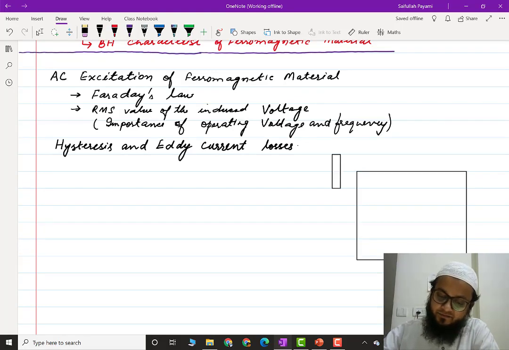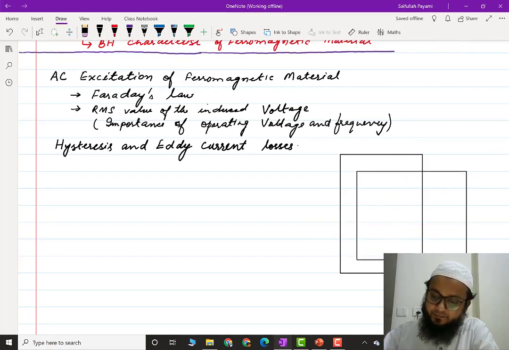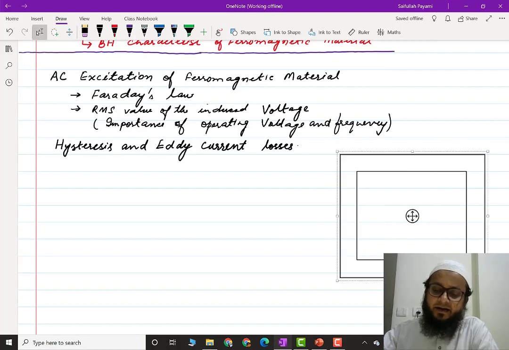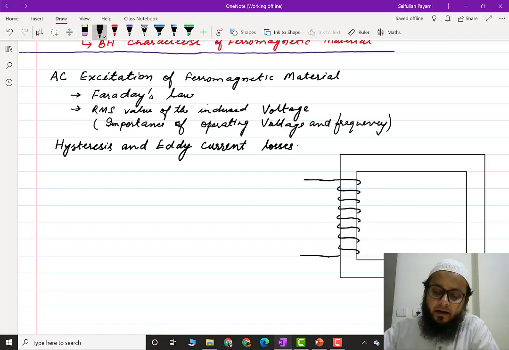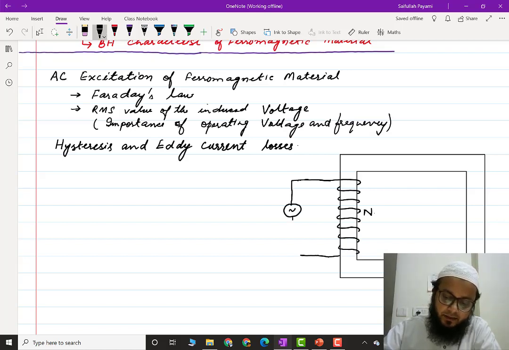Generally we have seen this kind of magnetic circuit, but it is actually the base for many magnetic circuits in electrical circuits. So we'll take this up as an example. Let's say here we have a coil wound over it, and N number of turns are there, and let's say this coil is energized by an AC source.